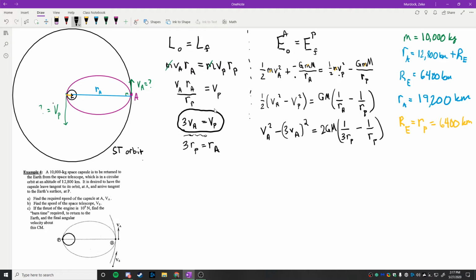And then this right here becomes -8 VA squared. On the right hand side, this is 1/3 minus 1. So what is that? -2/3. So something like -4 GM over 3 RP.